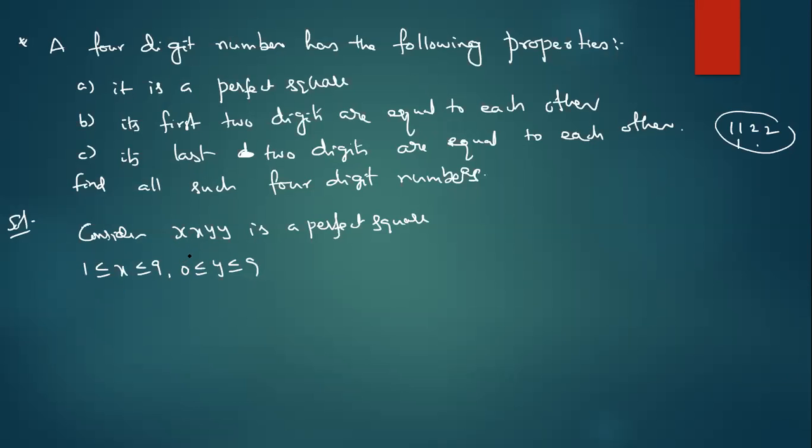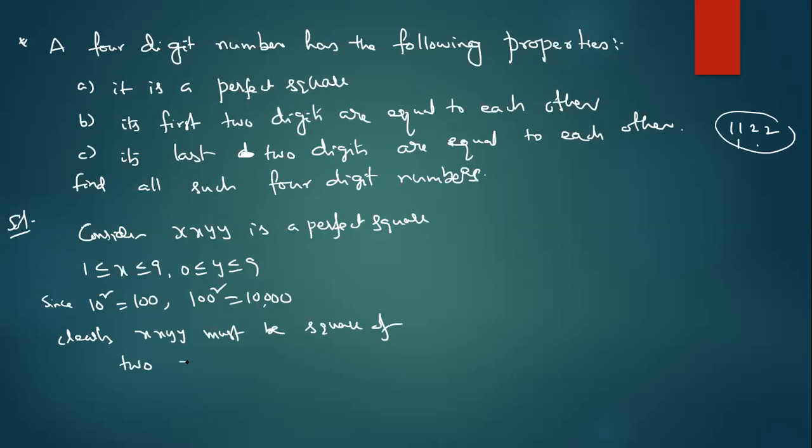Dear students, suppose 10 square is how much? 100. 100 square is how much? 10,000. Then what you're observing clearly, x, x, y, y must be a perfect square of only a 2-digit number.